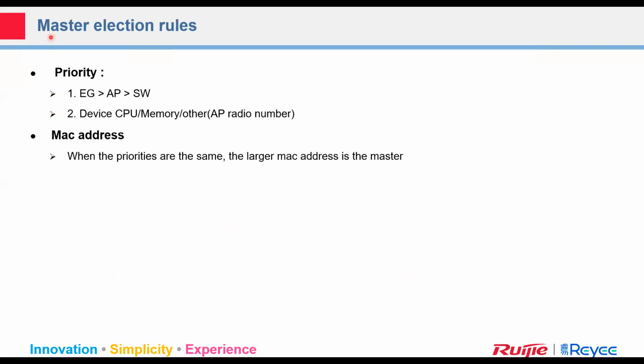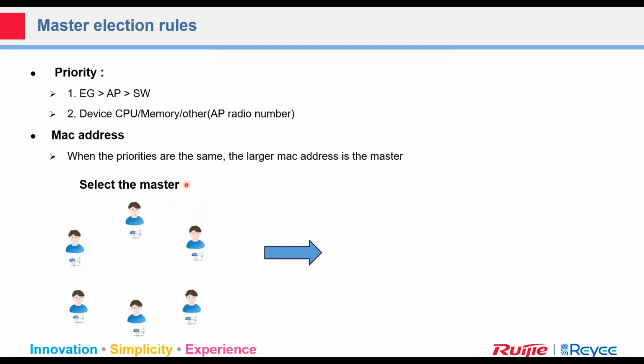So, master election rules. The priority is EG becomes master first, then EP, and then switch. The next criteria are the device's CPU, memory, or AP radio number. Then the MAC address: when the priority is the same, the larger MAC address is the master.